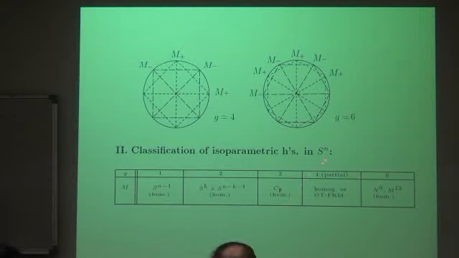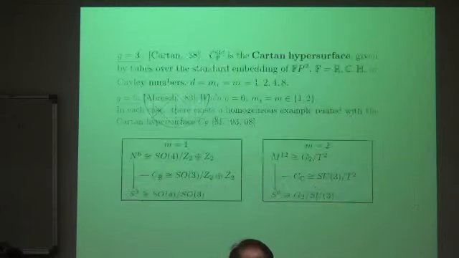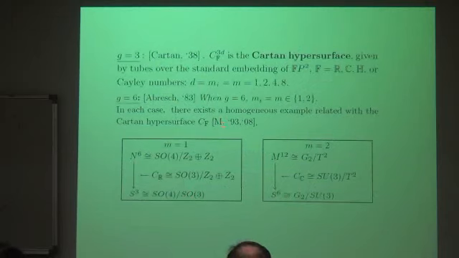And the classification is almost done in the sphere case now. So of course, when g equals 1, this is a hypersphere, and g equals 2, the product of small spheres, is called a Clifford hypersurface. And when g equals 3, this is called the Cartan hypersurface, which was already found and classified by Cartan.